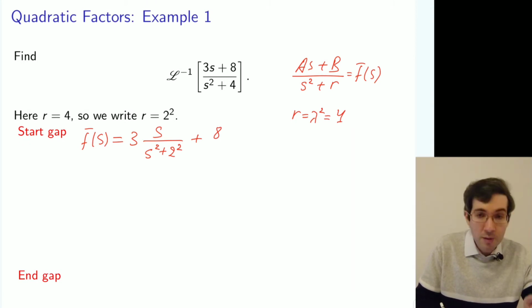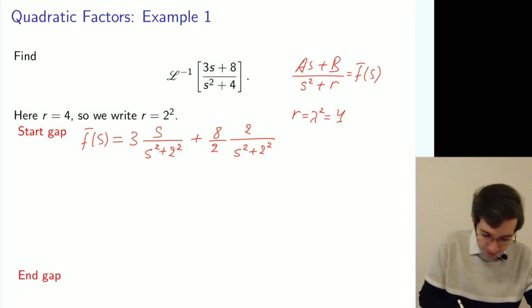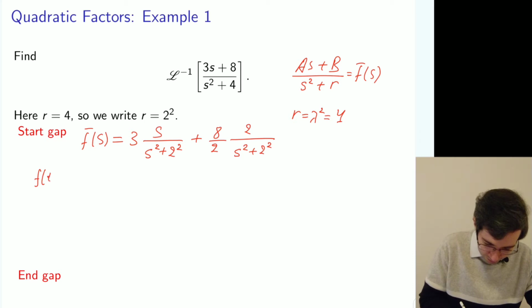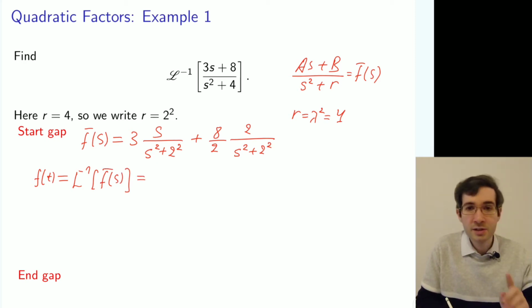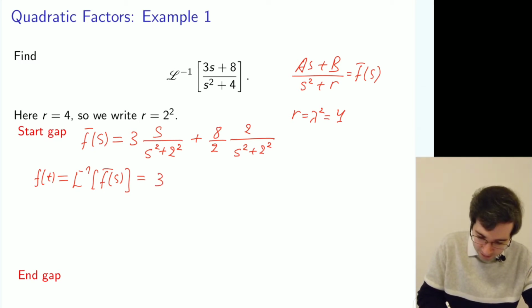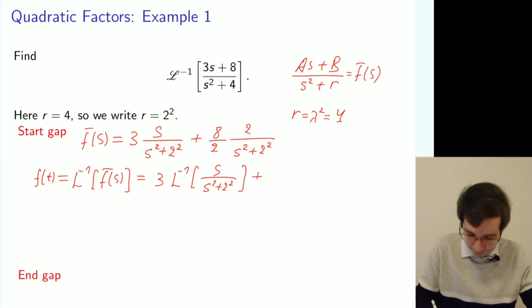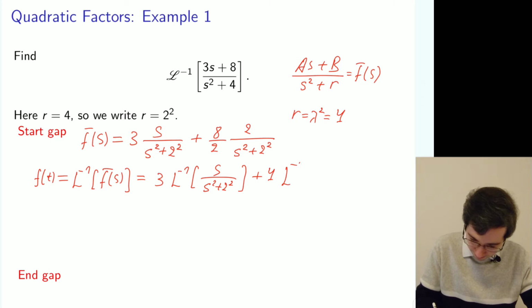And let's divide and multiply by 2 so that we'll get a table expression. If we take an inverse Laplace transform, we'll get an original function. And we use the linearity of the inverse Laplace transform by taking outside these factors. And 8 over 2 is 4.